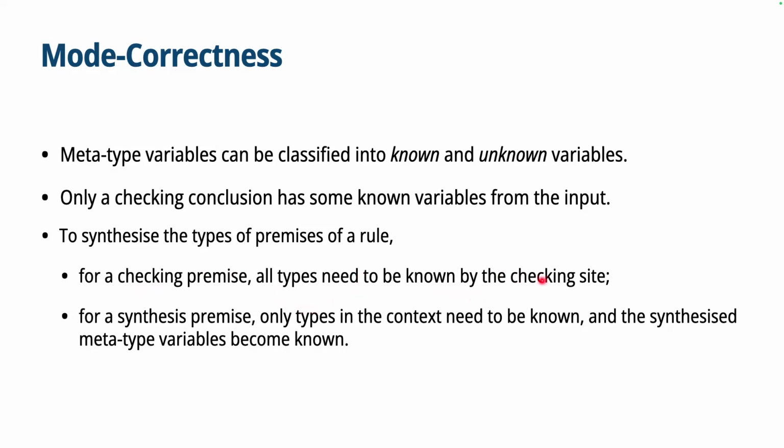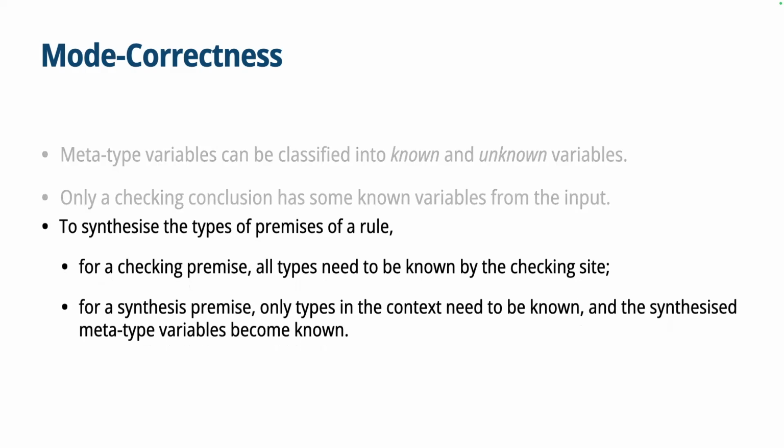If this is a synthesis, then only the context for that argument needs to be known. And for the output, because it will produce the result you want, it will synthesize the type, so we don't need to know anything about the output. That's the basic idea of mode correctness.